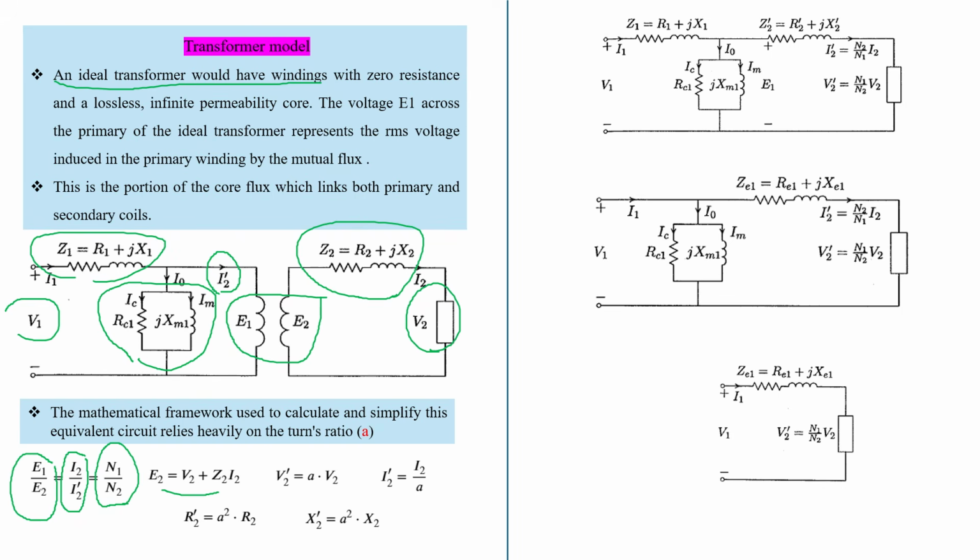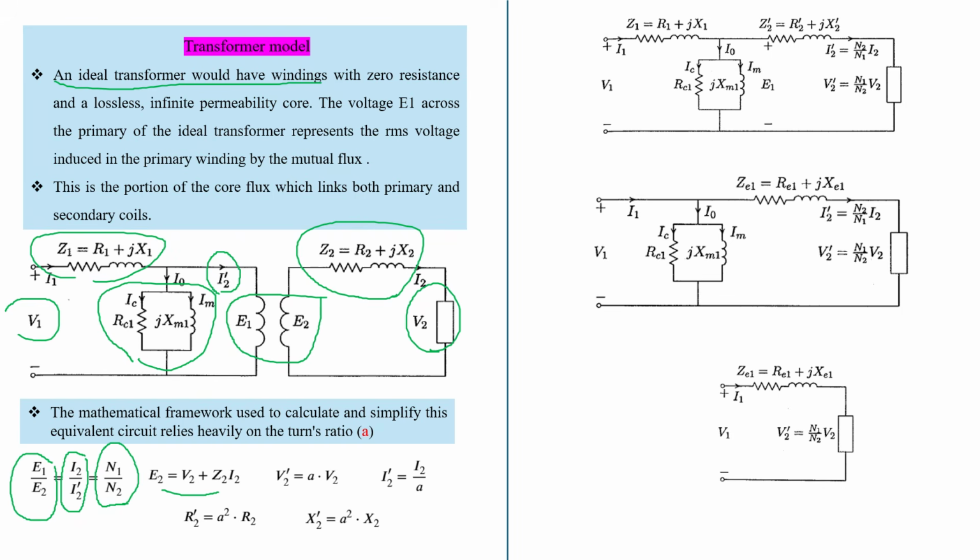In addition, V2 prime, the referred magnitude of V2, is obtained by using A times V2, where A is the turn ratio.